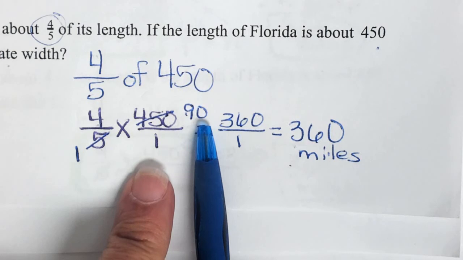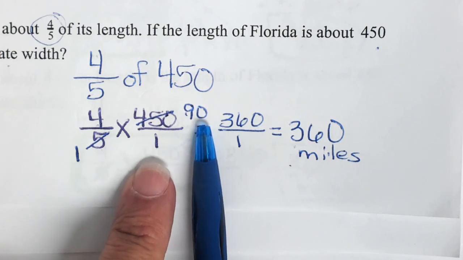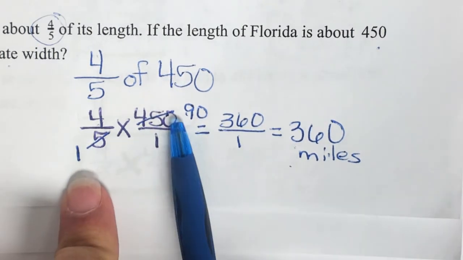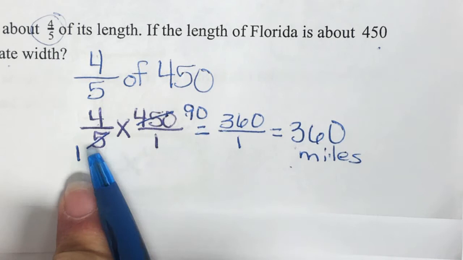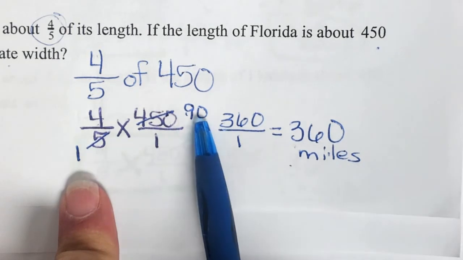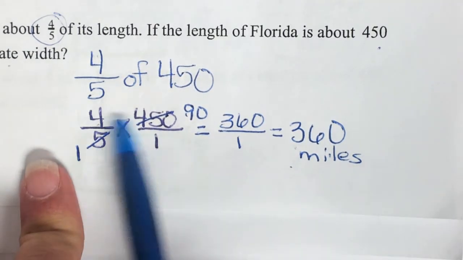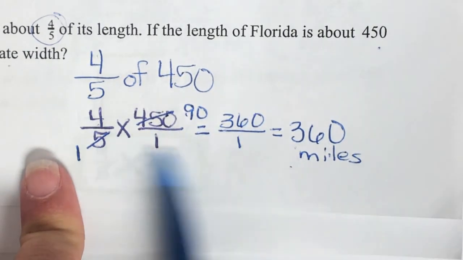And then I divided it by 10. No, listen. You do simplify by 5s right here. And that gets a 1. And that gets a 90. But the last step is you still got to finish the multiplication. So 4 times 90 and 1 times 1.